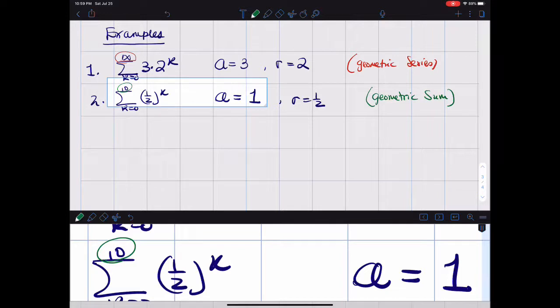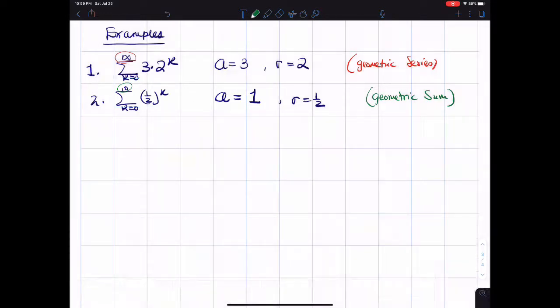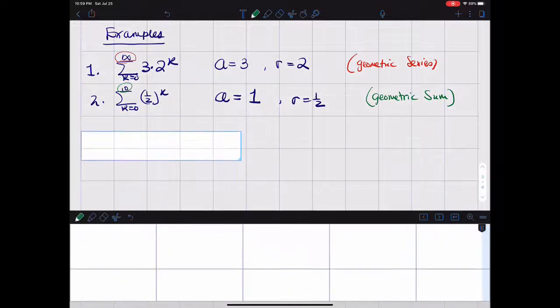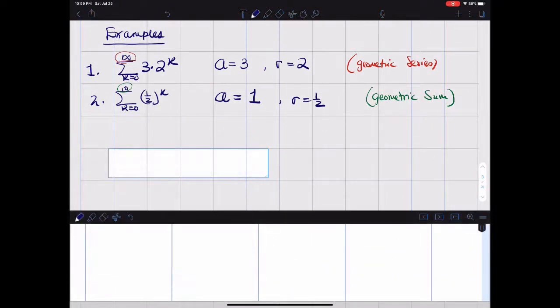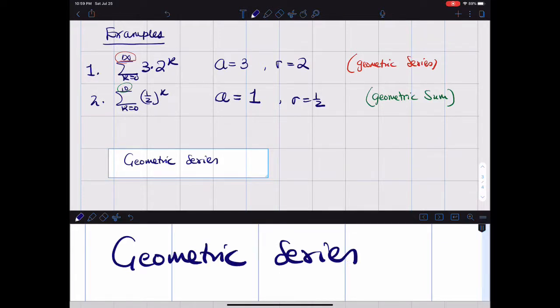All right, so let's look for the formula of a geometric sum.